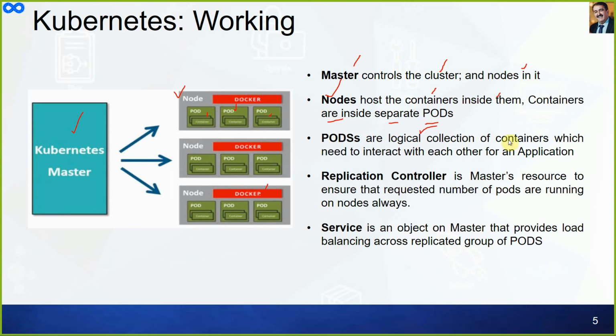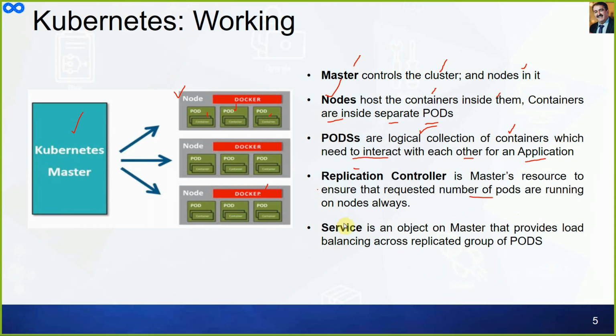Pods are a logical collection of containers which need to interact with each other for an application. Replication controller is a master resource to ensure that the requested number of pods are always running on the nodes.